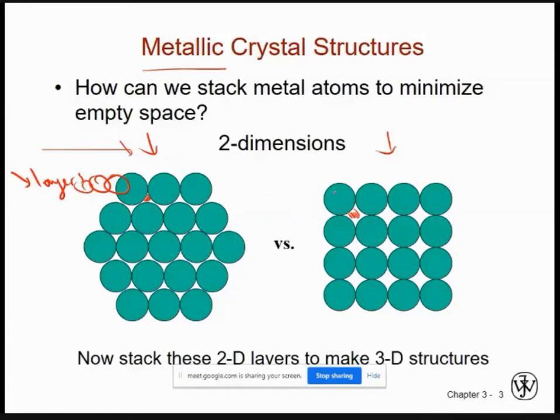And the same thing will happen here. I may have a second layer just on top of it, or I may have a second layer of atoms where this atom will sit here, another one will sit here. So different kinds of arrangements will give us different kinds of materials, different crystal structures and properties.